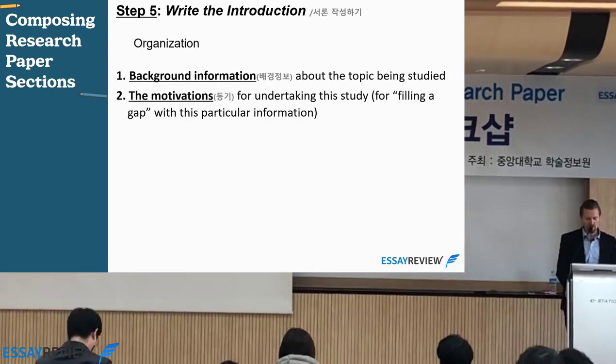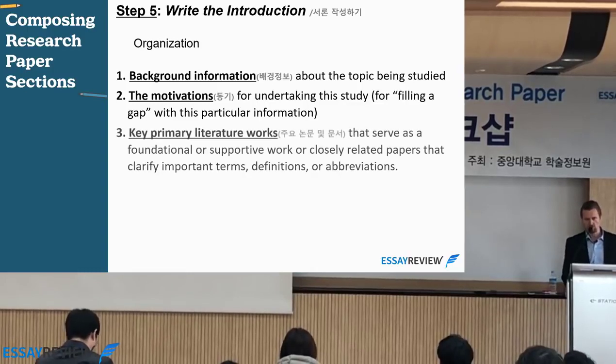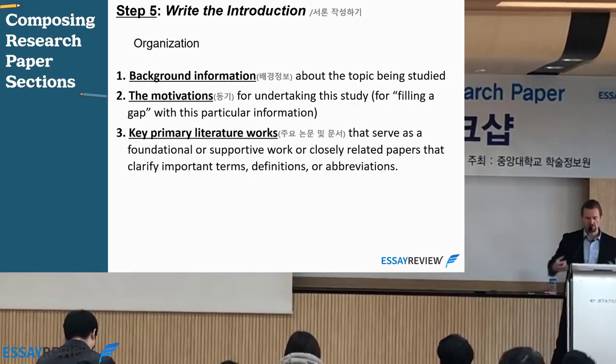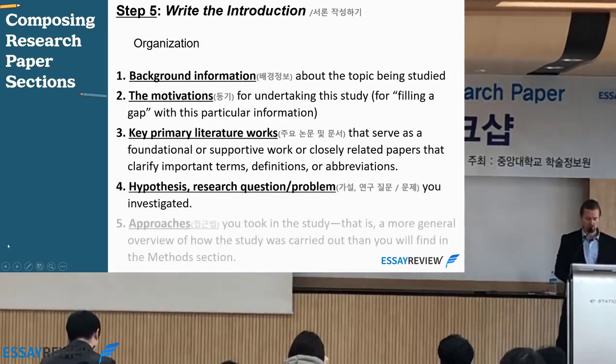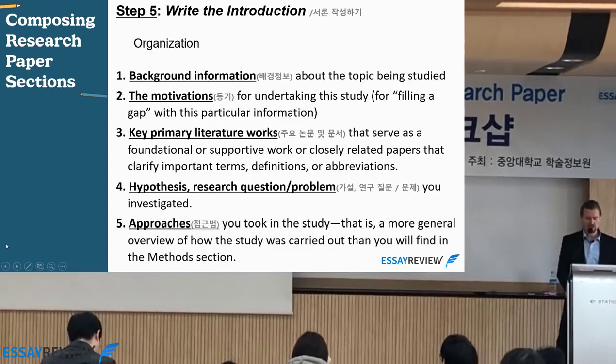What are the key primary literature that you used, that you can cite, that supports your work? What's your hypothesis or your research question? And what approaches did you use and why? Okay, this is your organization, and almost all introductions will be organized like this.